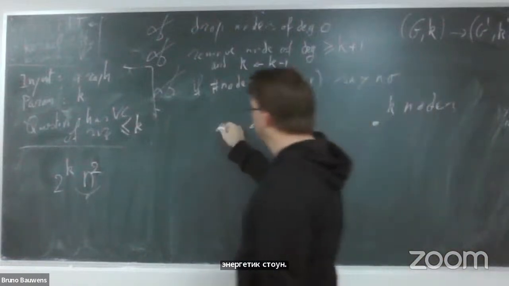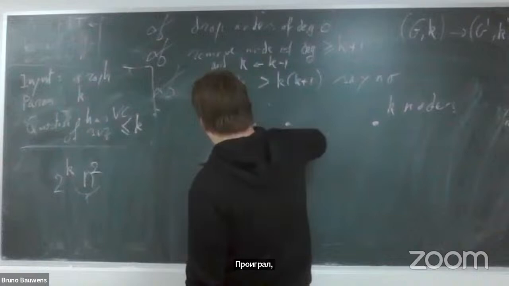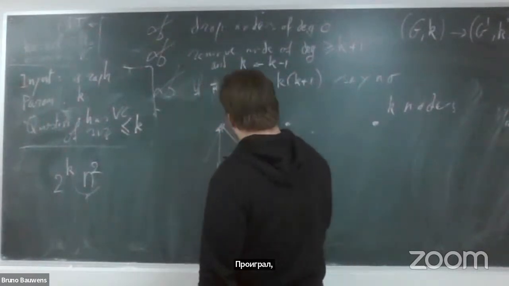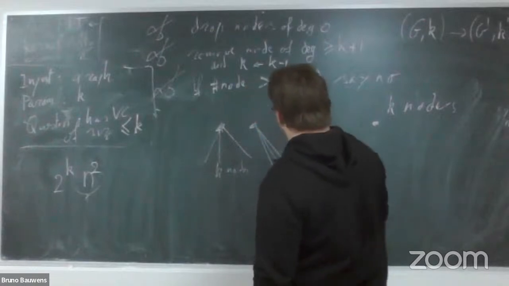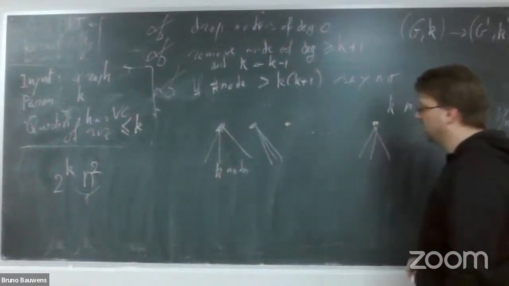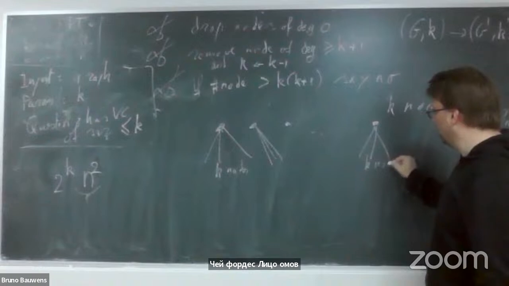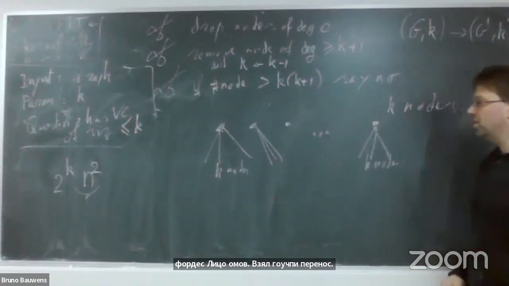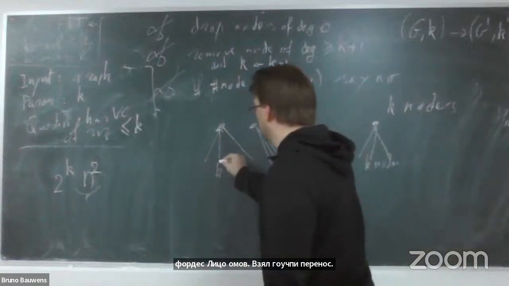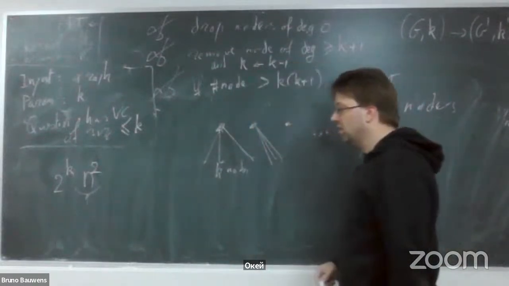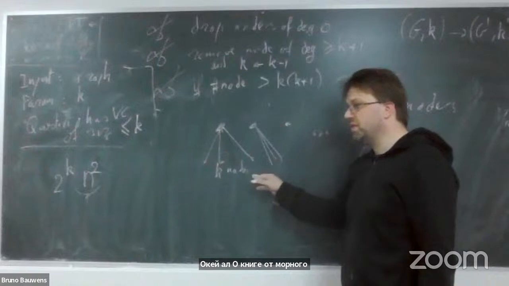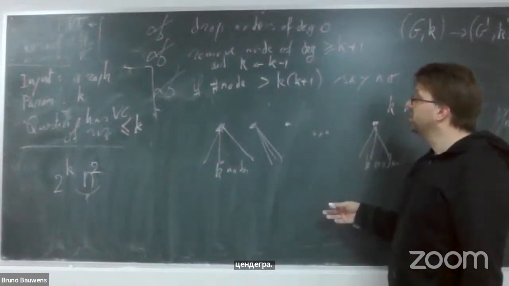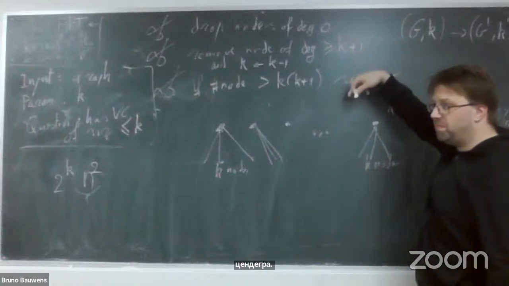We know that they have degree at most k. Same for this, so all of them go to k nodes. How can we have more nodes in the graph? So here we go to at most k nodes. What's the maximum number of nodes we can have so that none of these rules can be applied?